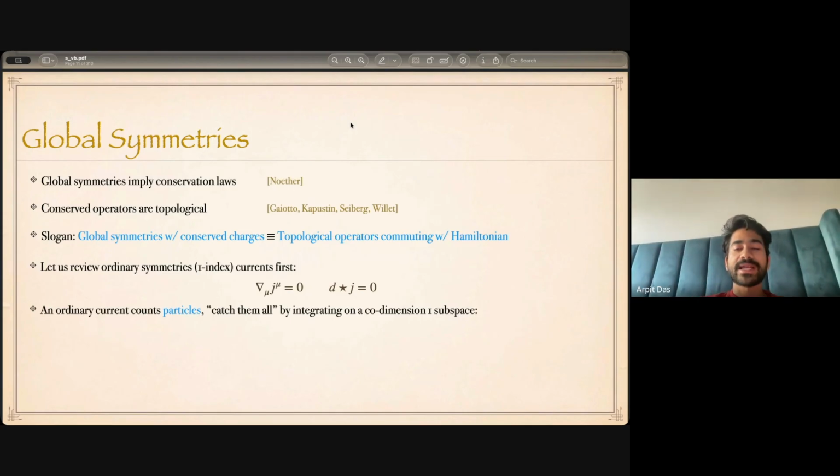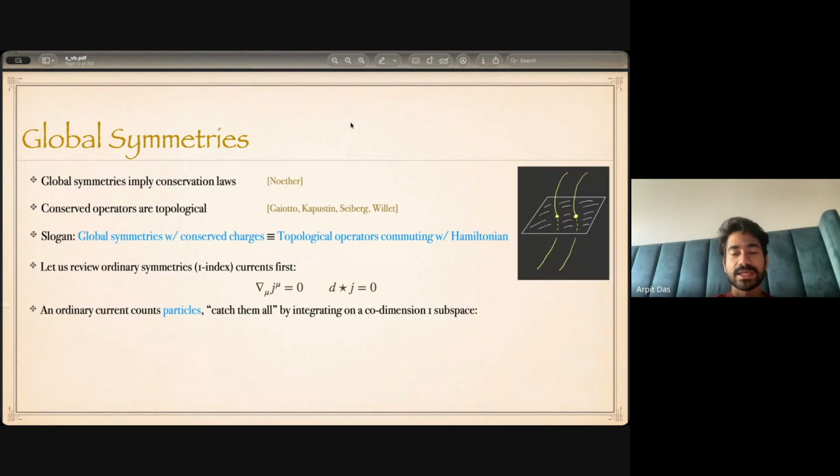We find these conserved quantities, as you know, by integrating the temporal component of this current over, let's say, your whole 3-space. So you define Q as the integral of ⋆J, which in components is just the temporal component of the current, over the whole 3-dimensional spatial manifold. When you do that, you get the conserved charge.